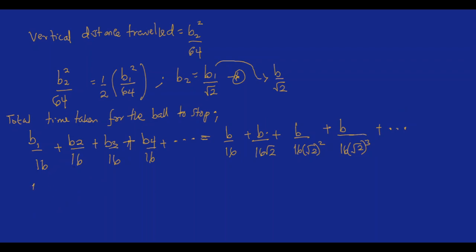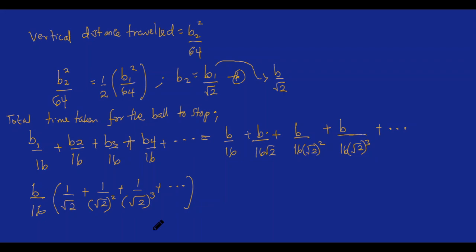So we can factorize this to be b divided by 16 multiplied by 1 divided by root 2 plus 1 divided by root 2 squared plus 1 divided by root 2 raised to the power of 3 plus the rest of the terms. So within the parentheses, we can see that this is a geometric series with a common ratio of 1 divided by root 2.